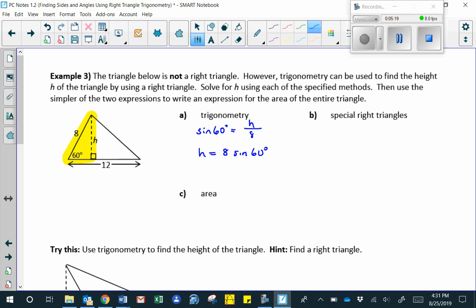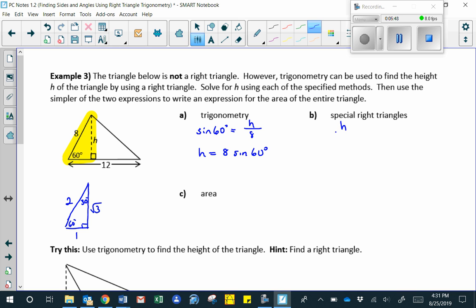There's another way to approach this, and that is by using special right triangles. Below the 30, 60, 90 triangle that is highlighted, I'm going to draw another 30, 60, 90 triangle, and I'm going to insert the sides that we know that go with that 30, 60, 90 triangle, 1, square root of 3, and 2. I'm going to use a similar triangles proportion.